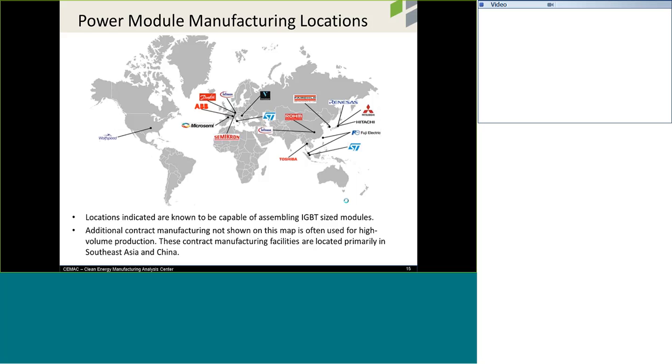So this map does not show any contract manufacturing. And based on interviews, it seems that power module manufacturing is often outsourced to contract manufacturers. This is just showing that for vertically integrated companies, where they have facilities that we believe are capable of manufacturing an IGBT-sized module. Again, the primary concentration is in the Southeast Asia and China area.